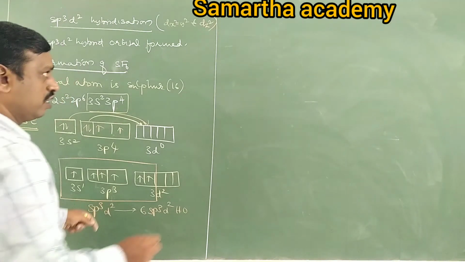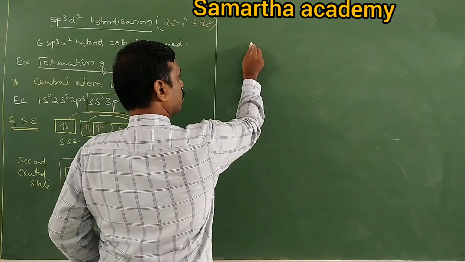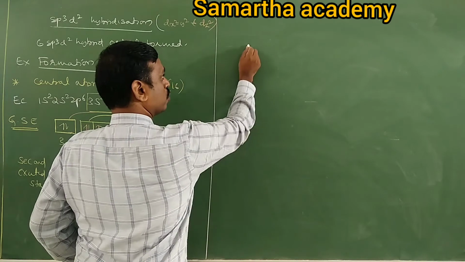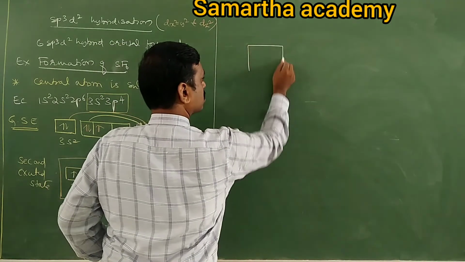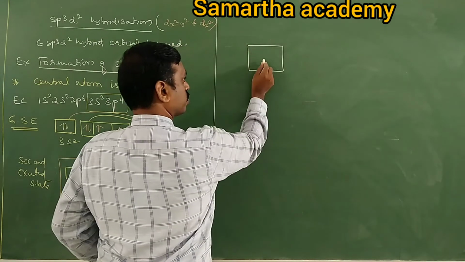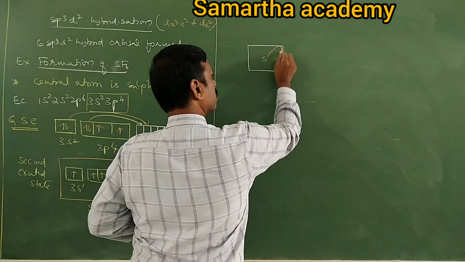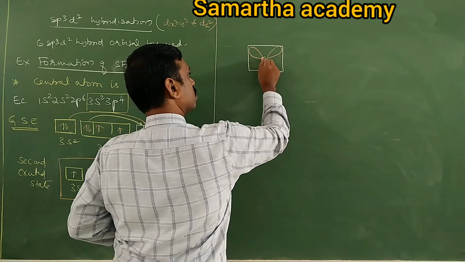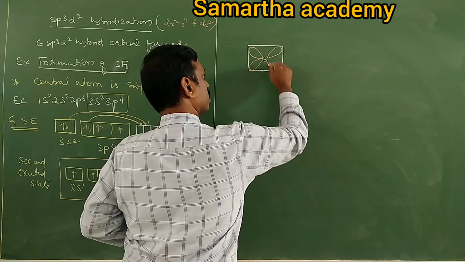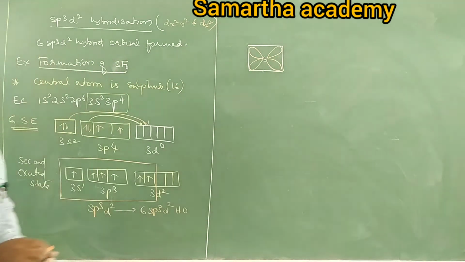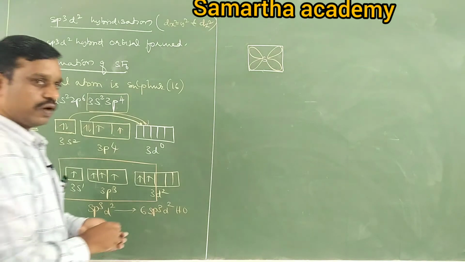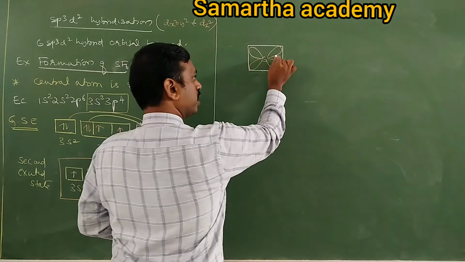That means out of 6 sp3d2, 4 sp3d2 are placed at 4 corners of the square. If I take a square, sulfur, there are 4 orbitals placed at 4 corners, 1, 2, 3, 4 corners of the square.